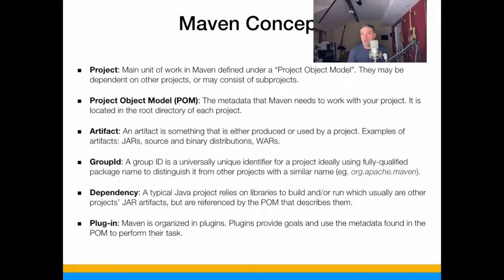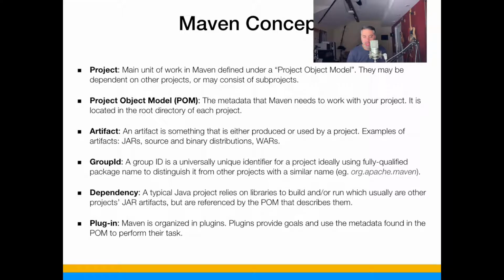So for example, in the case of UCLA, you could do edu.ucla.extension, and then whatever extra project names. Then a dependency in Maven is just another sub-project or program that will need to be downloaded in order for the project to be built.